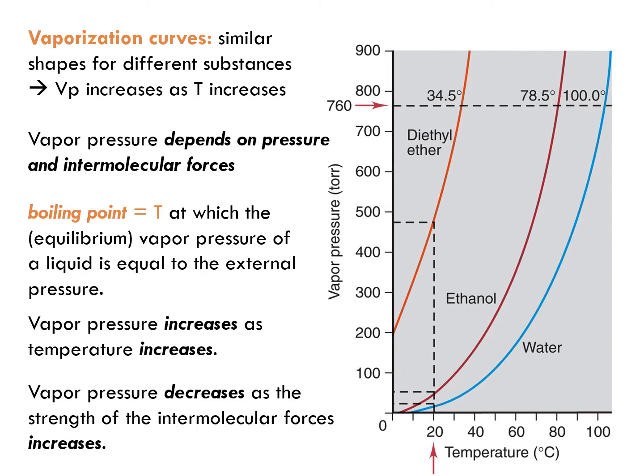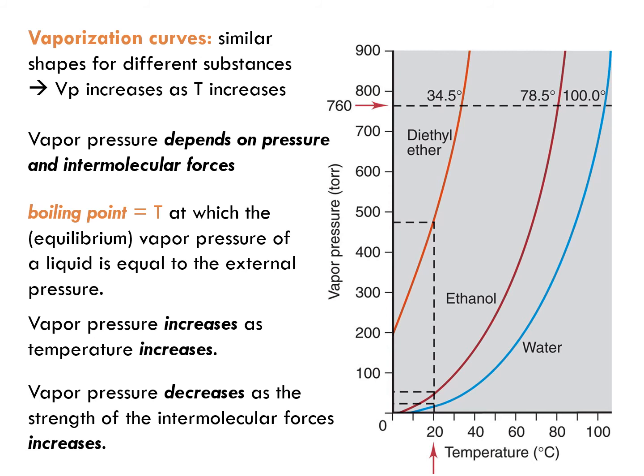Most liquids share a very similar shape. So here you see the vaporization curves for diethyl ether, which is also called simply ether, ethanol, that's common alcohol, and water. So diethyl ether boils at a much lower temperature than water, at only 34.5 Celsius.